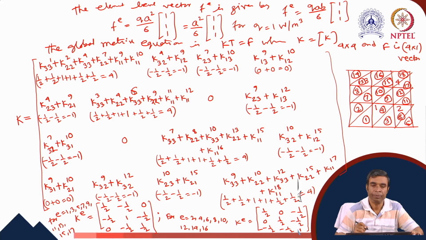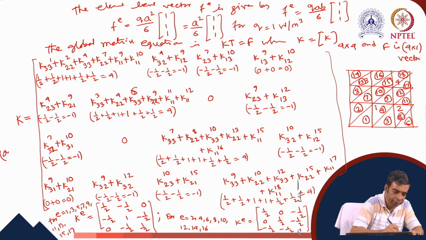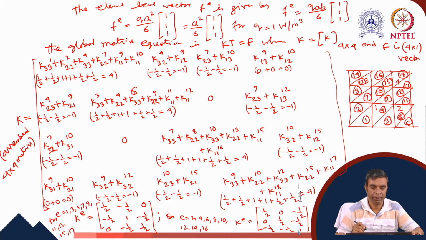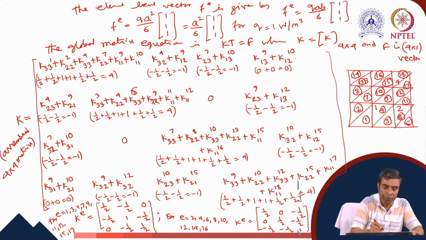Here we have shown the assembled or the global matrix capital K. This is an assembled 4 by 4 matrix. This matrix is symmetric. So if we look into the K12 term, this is K324 plus K129. So we can certainly predict that the corresponding term K21 should be K234 plus K219.